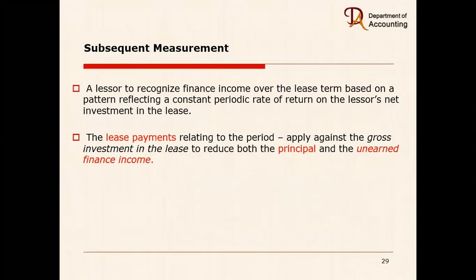Subsequently, you need to recognize the interest income, and that interest income must be in a pattern reflecting the constant periodic return. So that's what we in fact did. The lease payment relating to the period is applied against the gross investment in the lease to reduce both the principal and the unearned finance income. So we have taken the lease payment to the lease receivable account, and thereby the balance carried forward of the lease receivable was taken at the end of the period.